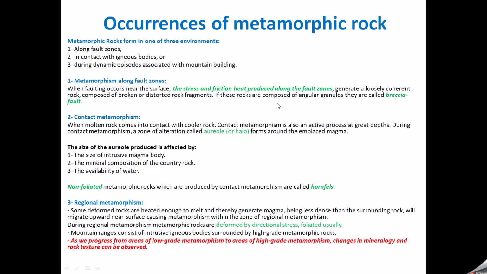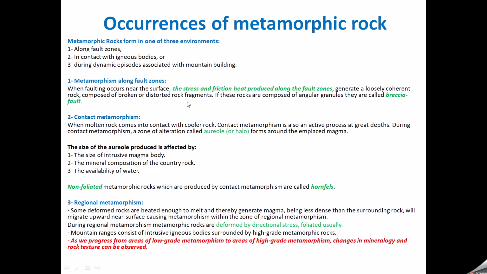And if we look along the fault zones, there are two important zones here. The top part of the fault zones close to the surface will produce angular deformed metamorphic rocks. We call them fault breccia. This is at the top, close to the surface along the fault zone.